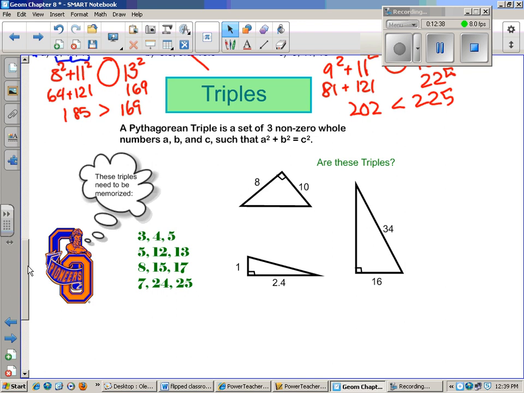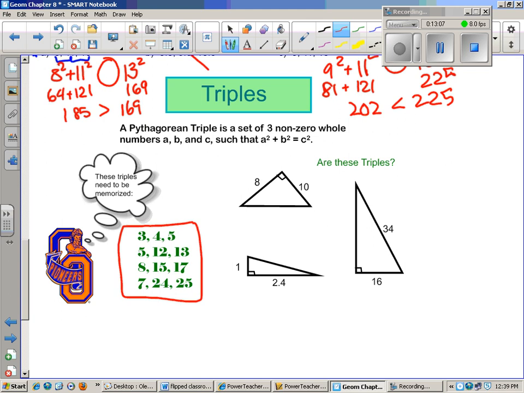All right, and the last thing we have here are just like cheat codes. There are certain side lengths that always make right triangles, and we call those Pythagorean triples. The four smallest ones, there are more, but they get pretty big, and it's not worth taking up the brain space. But these four are small and easy to memorize.